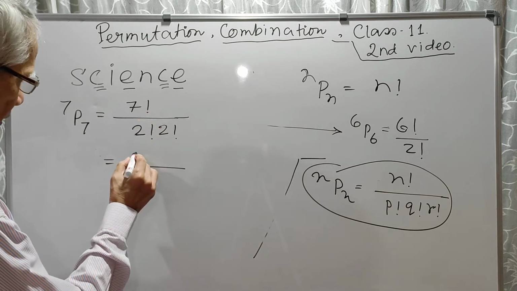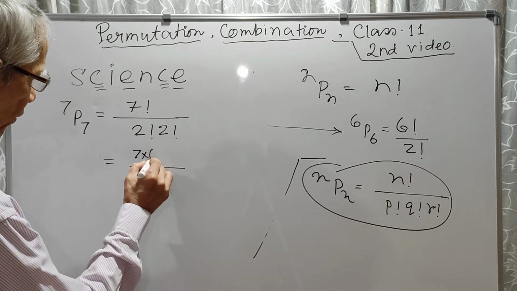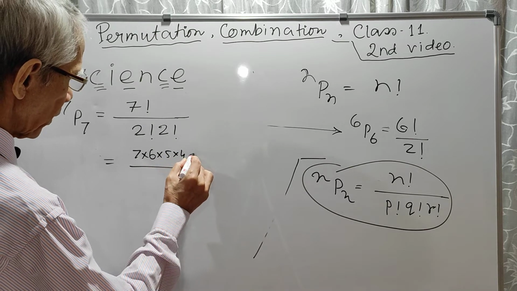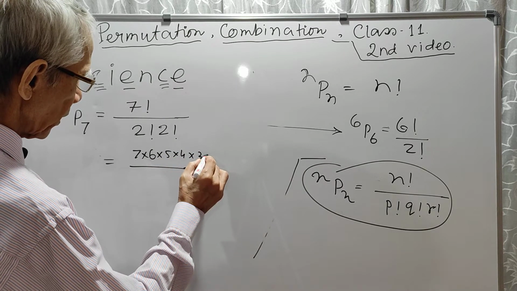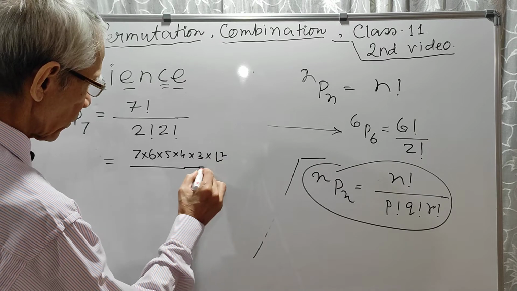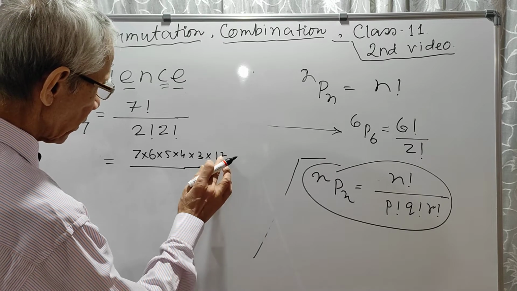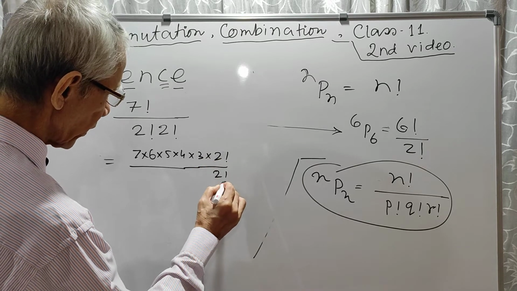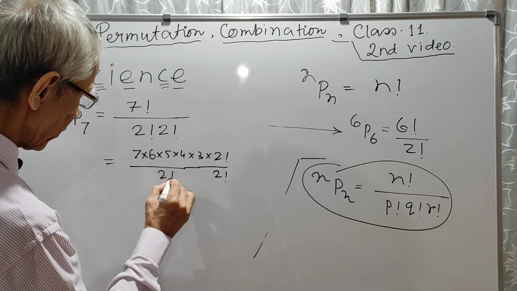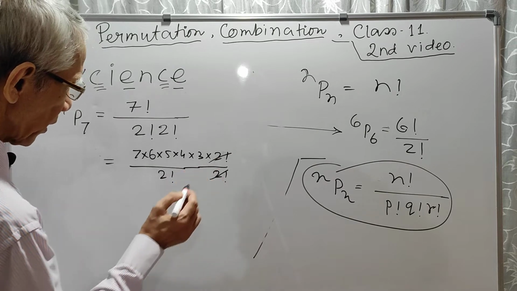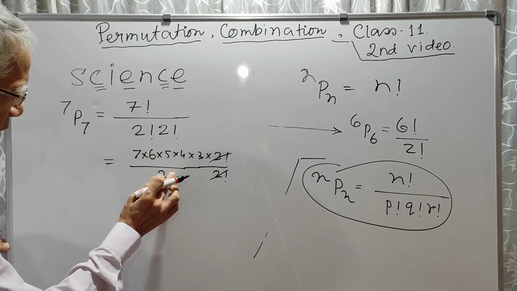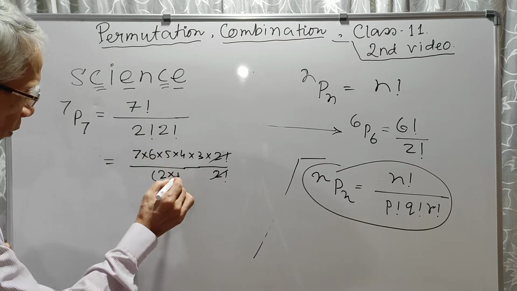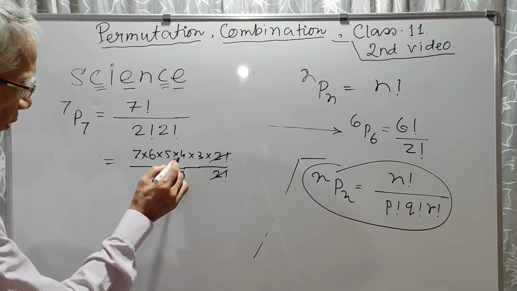So this 7 factorial is 7 into 6 into 5 into 4 into 3 into factorial 2, divided by factorial 2 and this factorial 2. So this cancels, and this factorial 2 is 2 into 1, so this 2 cancels with this 2.